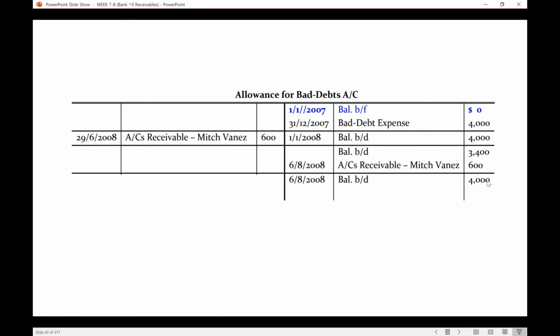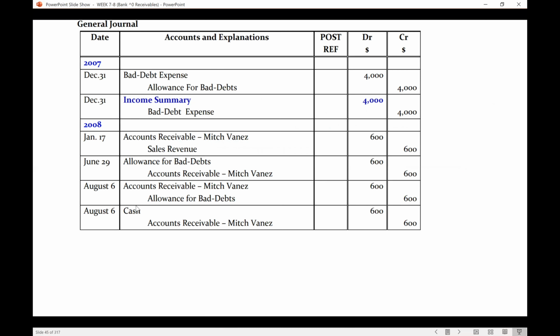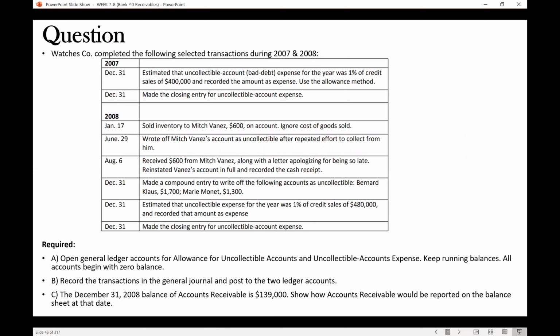So now we're back to our balance of 4,000, right? The next part after we've reinstated is to record the payment of cash. We're debiting cash, crediting accounts receivable. That's the entry there. So let's go to December 31 now.